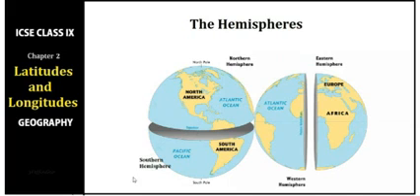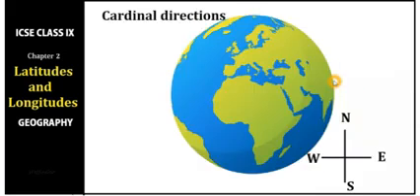Based on the directions of a globe, we also take the directions on a map. The upper part of a globe is the northern side, so on the map also, the upper part is the northern side and the lower part is the southern side. On our left hand is the western side, and our right hand side is the eastern side.